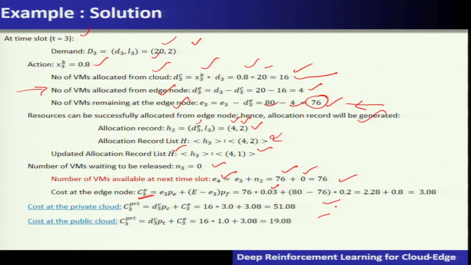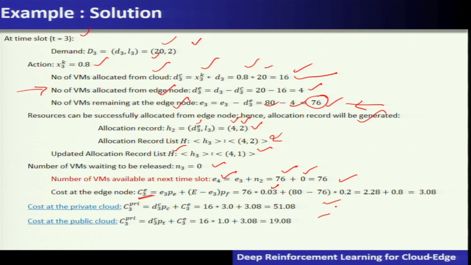With this example, we conclude this lecture. We have covered how the user demand is formalized with the help of capital D, which is a small d and LE, the time for which this demand is required to execute the application with the resources.